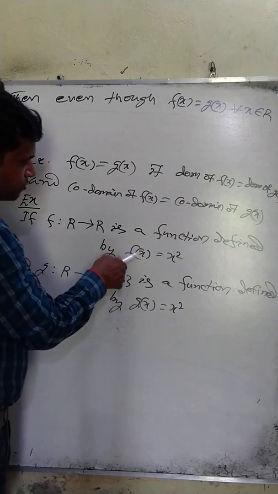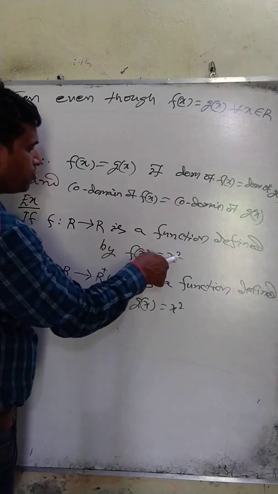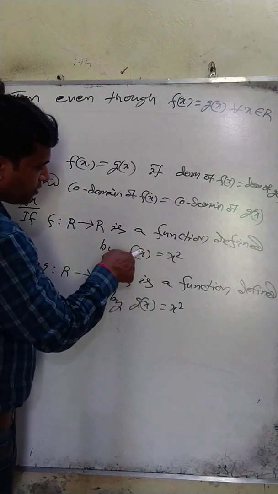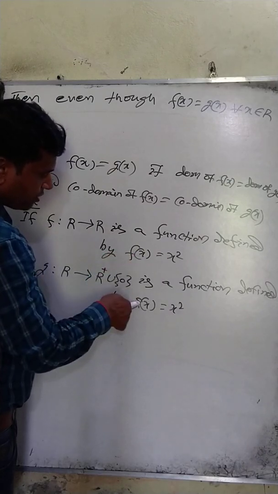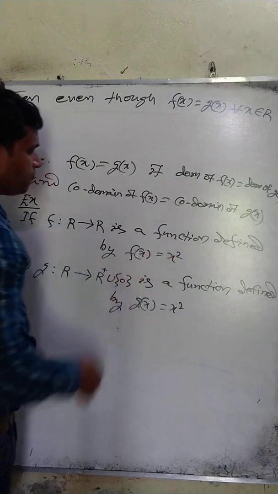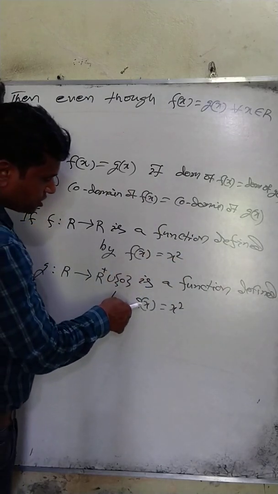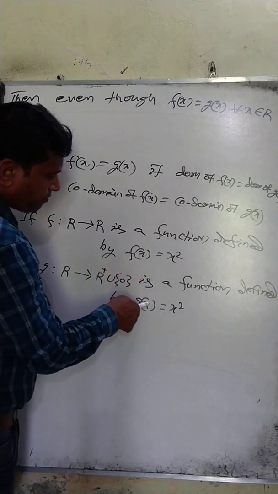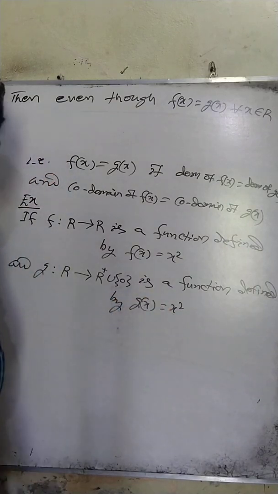Suppose f of 2 is 4, and in place of g, if we put minus 2, we also get 4; f of minus 2 is also 4.